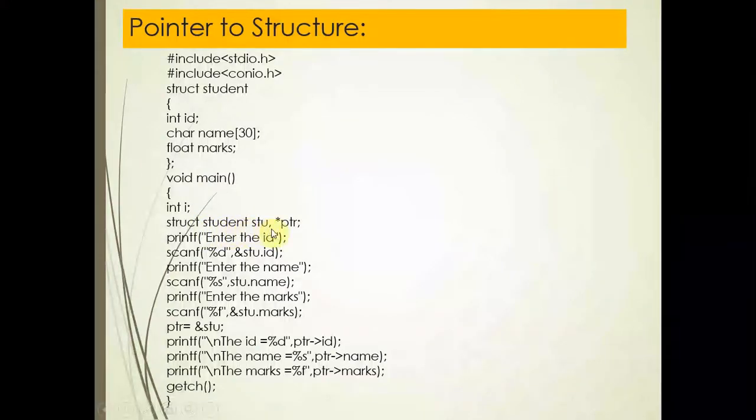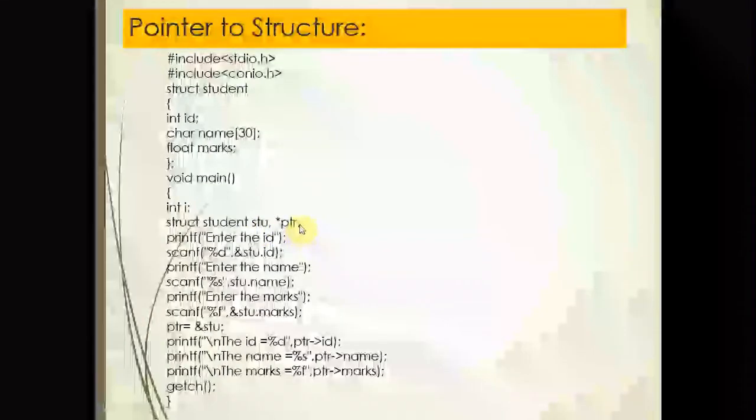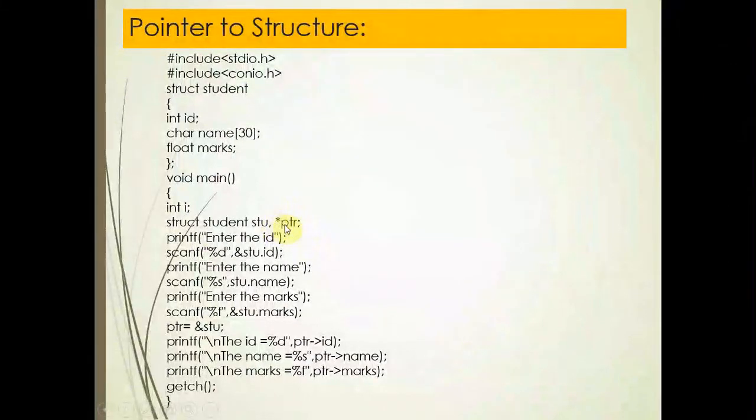Here I have declared two structure variables, that is struct student stu, and one variable is a pointer type variable. It is a variable just to access the data members of this structure, that is student, but it is pointer type. So here you can see two structure variables: one is a normal variable and another one is a pointer type variable.